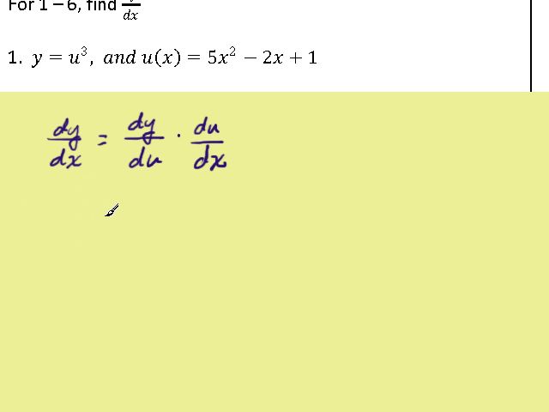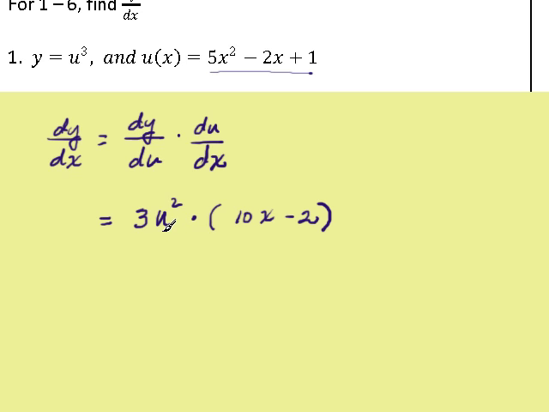So we have dy dx is equal to dy du, okay, right there. That would be 3u squared. And now times du dx, let's take the derivative of this, and we get 10x minus 2. And now we want to write this in terms of x, so we want to substitute back what u is equal to.